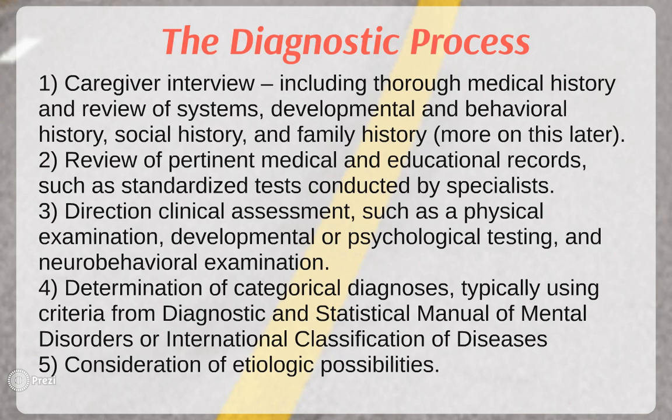Direct clinical assessment, such as a physical examination, developmental or psychological testing, and neurobehavioral examination. Determination of categorical diagnosis, typically using criteria from the Diagnostic and Statistical Manual of Mental Disorders or International Classification of Diseases. Consideration of etiological possibilities.